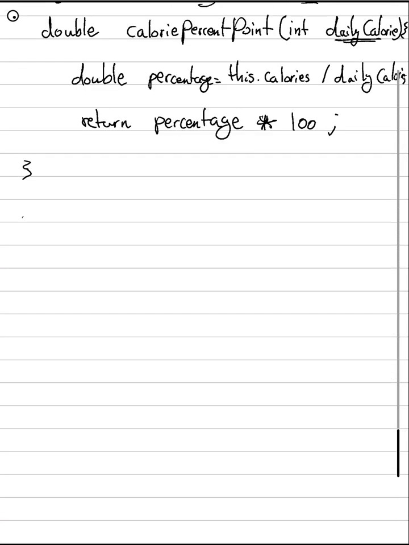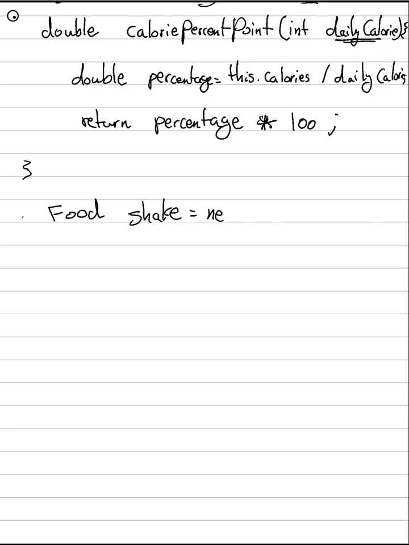Yes. Okay, excellent. So now that we have this, we can call this by saying, let's say, create a new one. So we want to go through our example. So our shake gets new food, and the food class requires a name and a calorie.